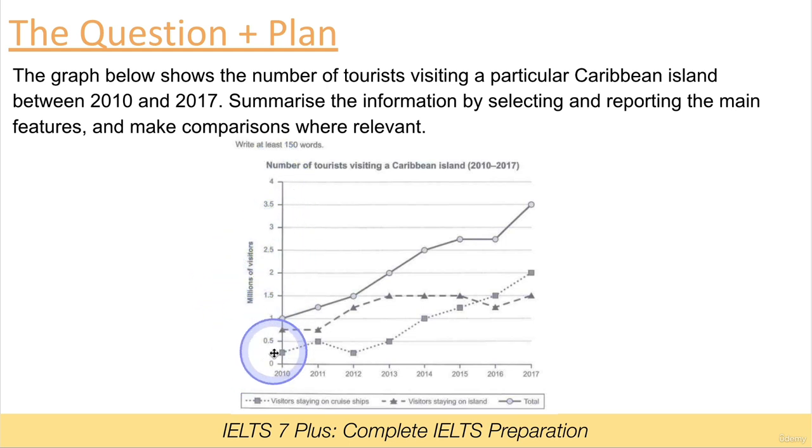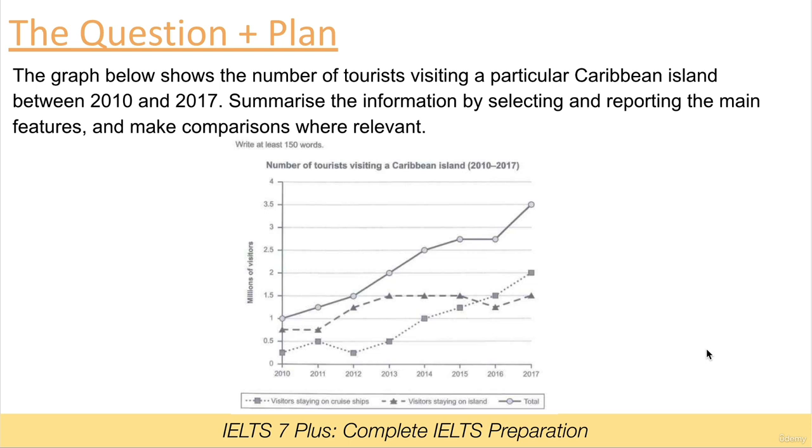So these numbers are in the millions. The top line refers to the total visitors, so the total amounts. Then we have a triangle, which refers to the middle line, which refers to visitors staying on the island. And the bottom line here, the squares, is talking about the visitors staying on cruise ships.